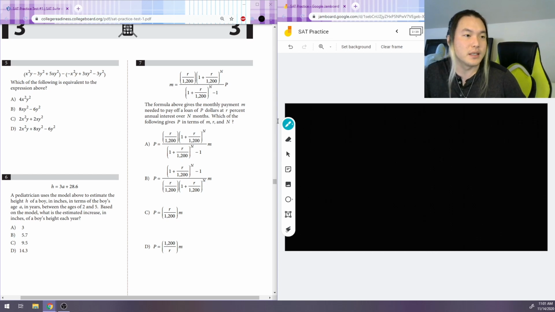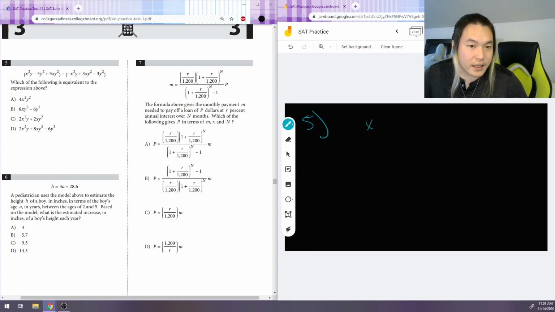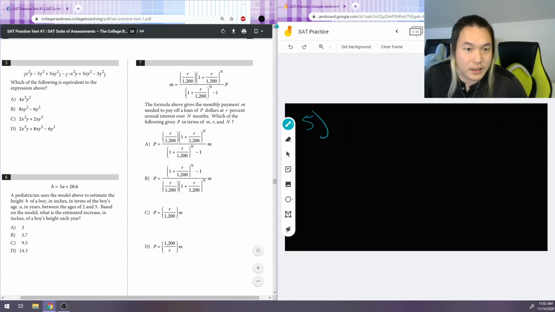We're just finding the difference. So again, the key here will be to find like factors. So we have x squared y minus 3y squared plus 5xy squared. And then we have minus negative x squared y plus 3xy squared minus 3y squared.